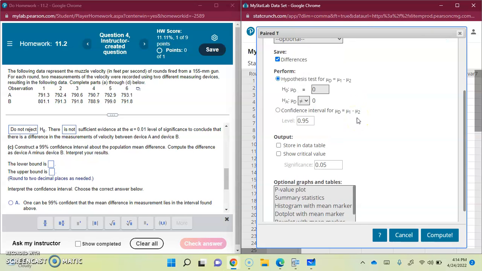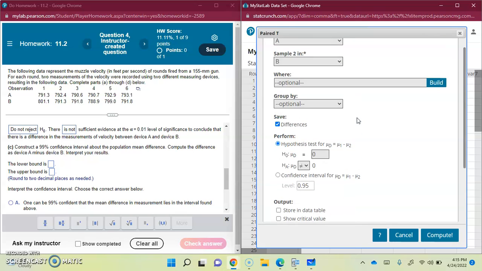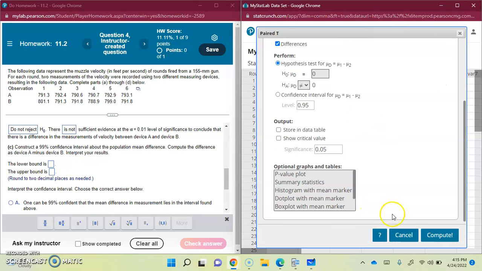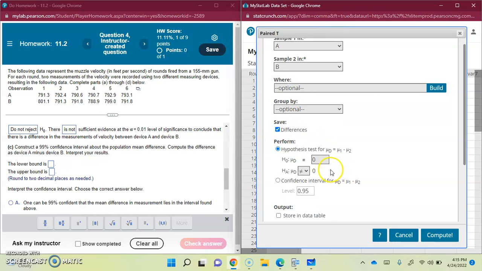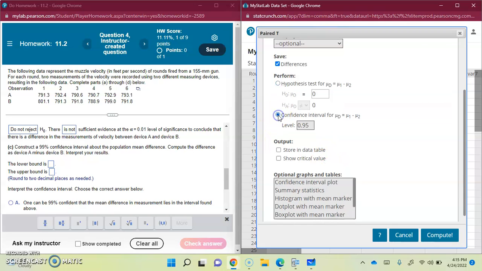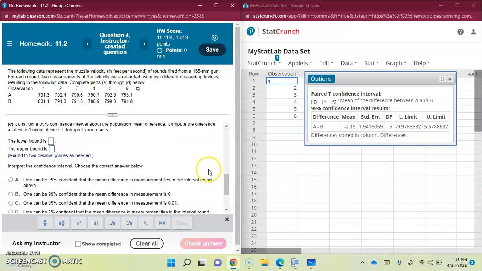Here at the end of this, you have the hypothesis here. After the hypothesis, you just need to select the confidence interval for mu d, and we are saying 99%, so you need to correct that to whatever you want. And let's just calculate that. Here is the confidence interval.